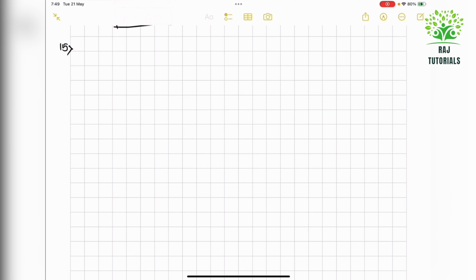Now the 15th one is: for what value of N are the Nth terms of the APs 63, 65, 67 and 3, 10, 17 equal? So I have to find the value for which the nth term is equal in both.